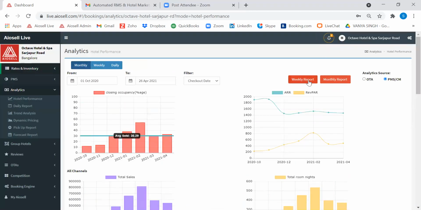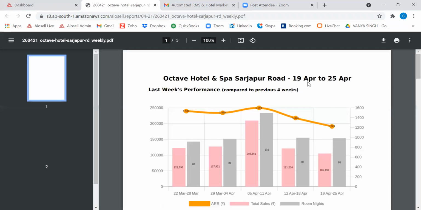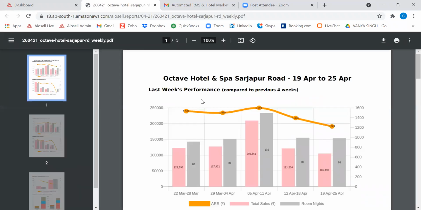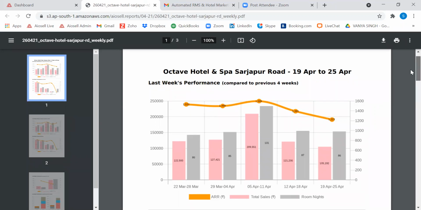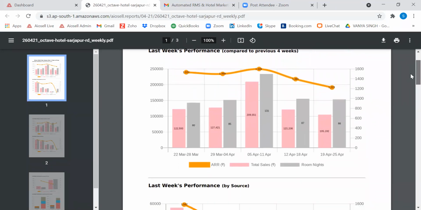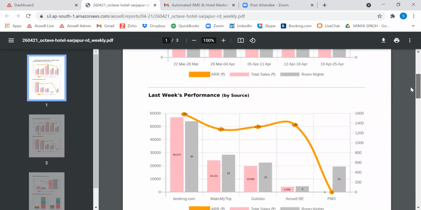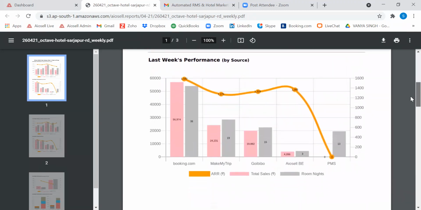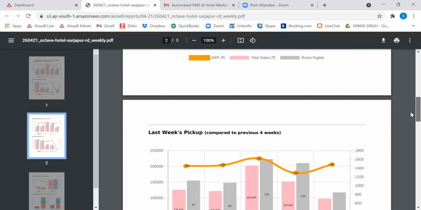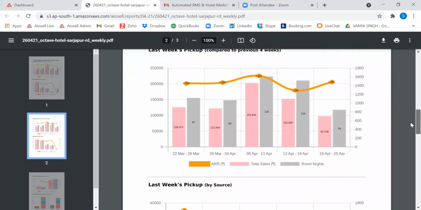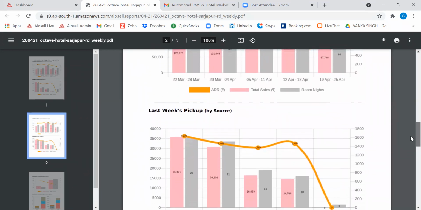We also have a weekly report which can again be configured to come to your email ID. So this weekly report will have the last week's performance compared to the previous 4 weeks. So this will give you information of how the week is performing compared to previous weeks. What is the last week's performance by sources? What is the last week pickup? And you compare that with the pickup of the previous 4 weeks.